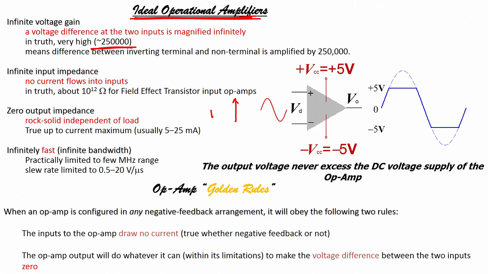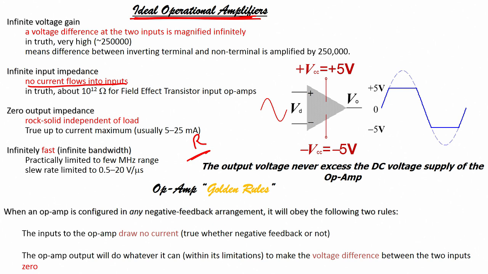Next one is infinite input impedance. So, no current flows into the op amp, right, because if the impedance is very high, then the current cannot flow. Suppose I talk about resistance, the resistance is extremely high, can current flow? It will not flow, right.